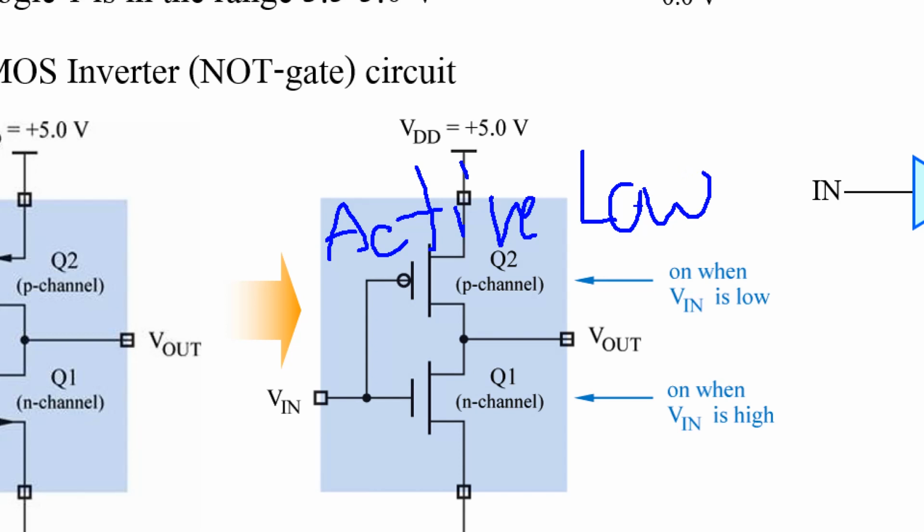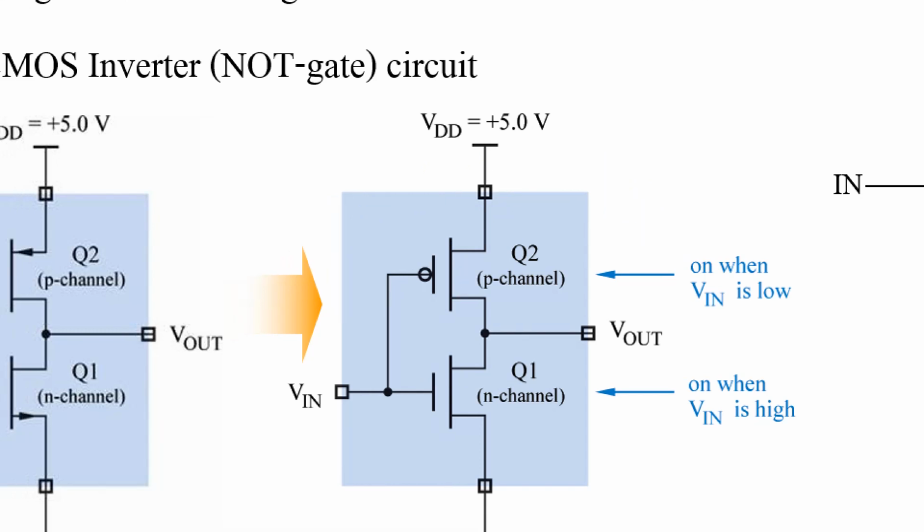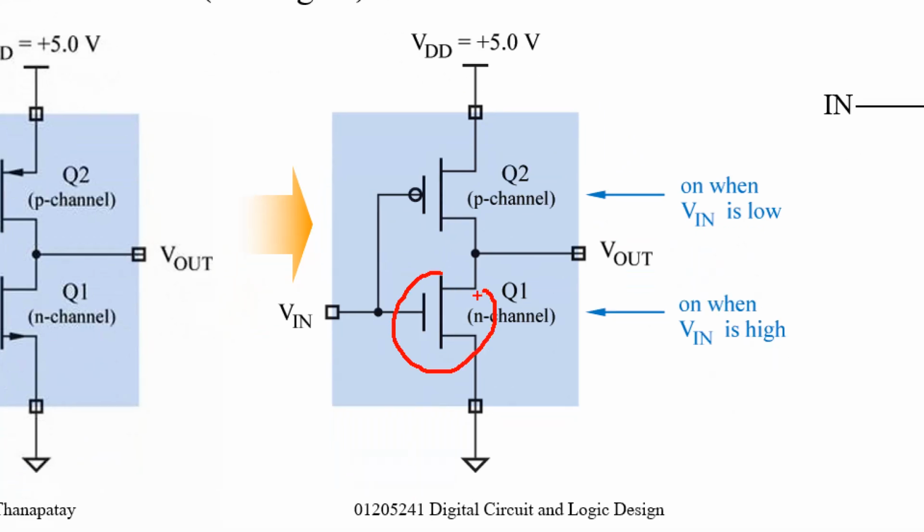You must apply logic low to make this transistor active or turn on. Similarly, for this one, if you want this transistor to turn on, you must apply positive, right? Must apply positive voltage.